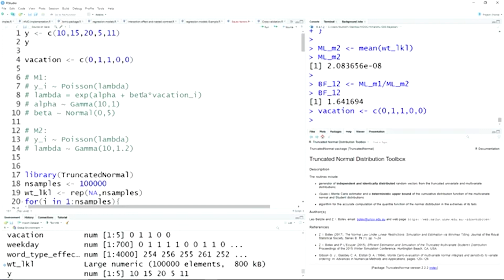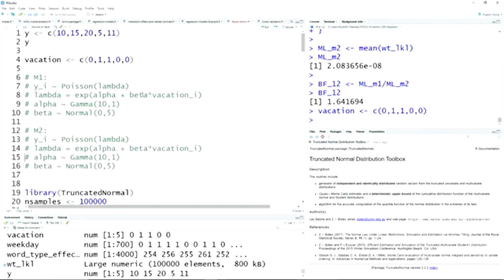And for model 2, model 2 has the same structure. Lambda depends on alpha plus beta times vacation, but the prior on alpha is also the same, and beta is assumed to be exactly 0. What does this imply? That model 2 assumes there is no effect of vacation on the rate of road accidents.